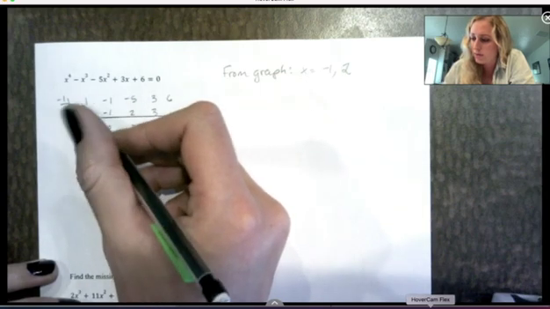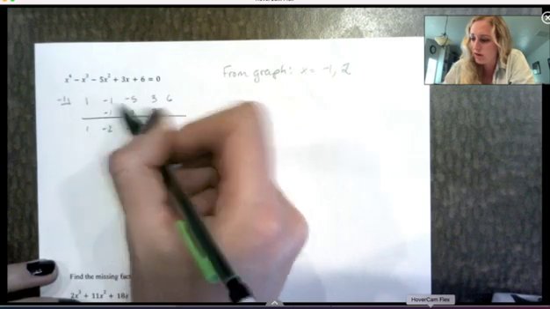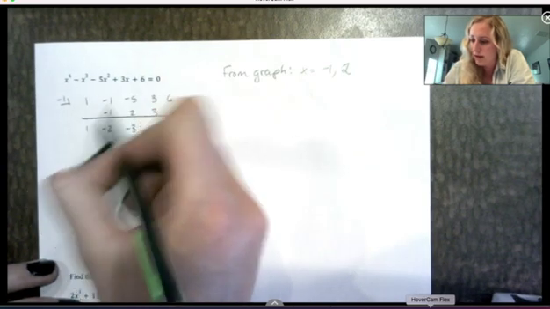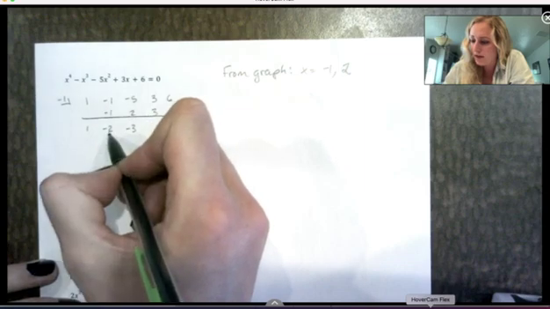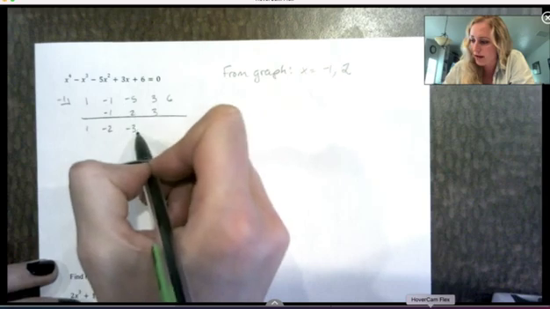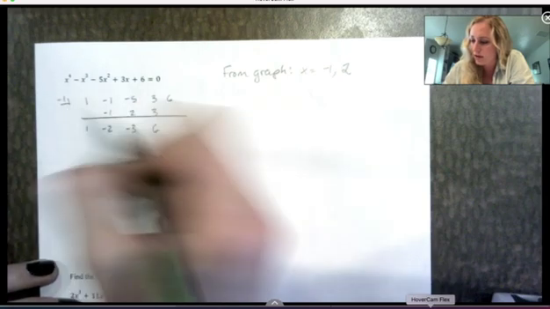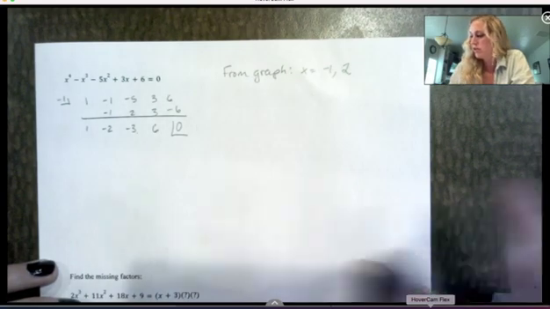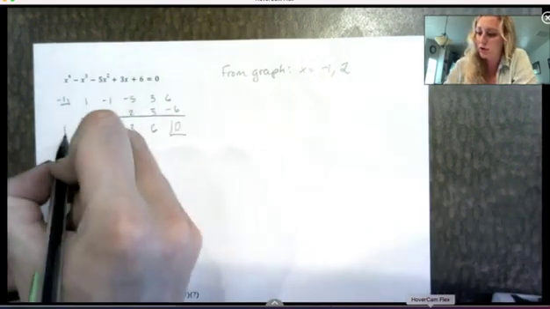Let me check my coefficients. -1, -5, 3, 6. Bring down the 1, multiply, add, multiply, add, multiply. Oh, we're good. There we go. All right, and we got our remainder of zero. We should. Okay, now I'm going to divide out the 2 from this guy.